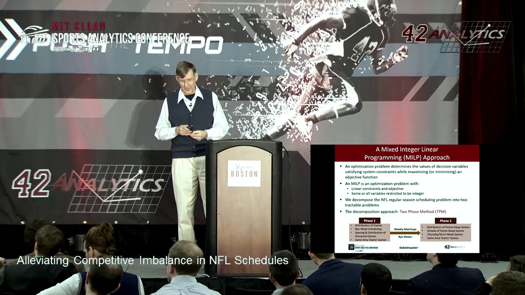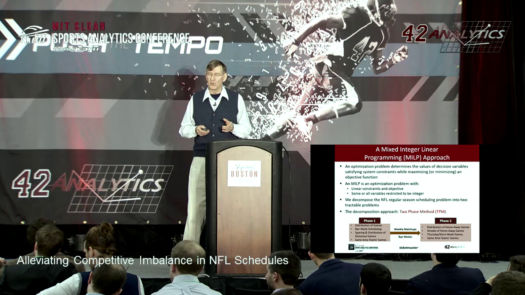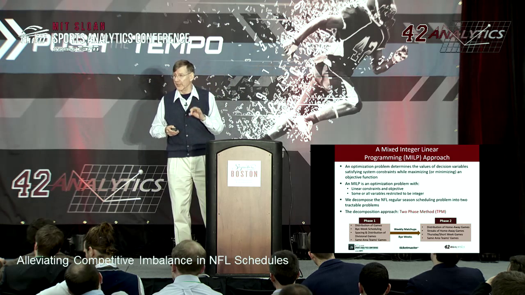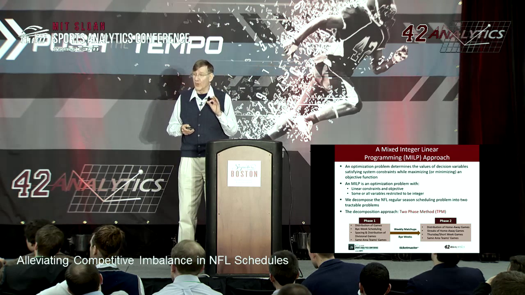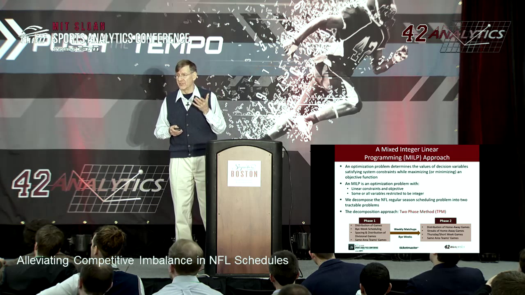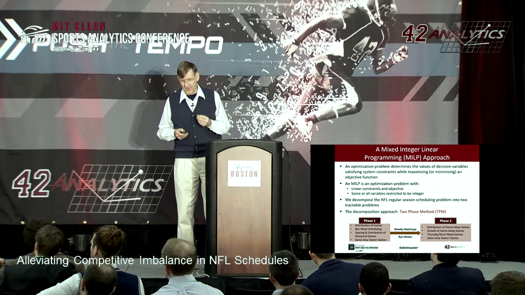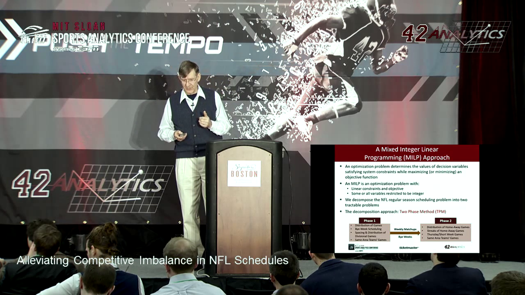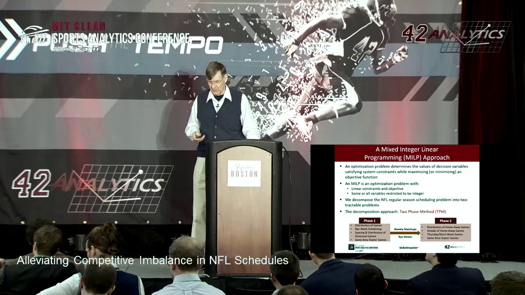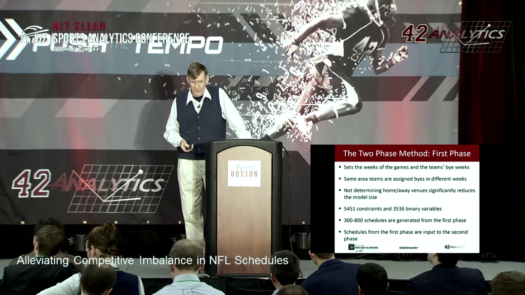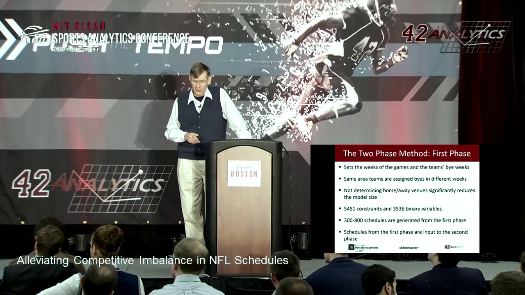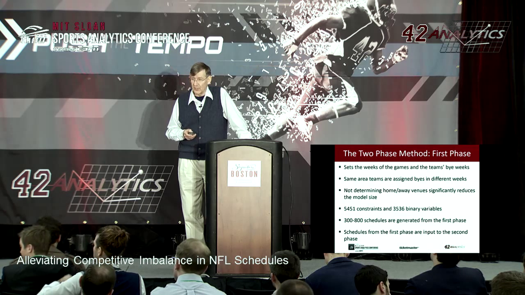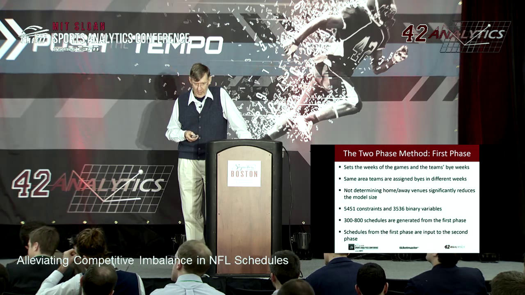Our 2-phase method: the first phase will determine which teams play who in which week, and where you have a bye. We generate hundreds and hundreds of schedules like that, and then in phase 2 decide on the home and away games, which will determine the streaks of home and away games, and also determines who's playing on Thursday. So, a larger review: the first phase sets the weeks that we play, who do we play, and when.